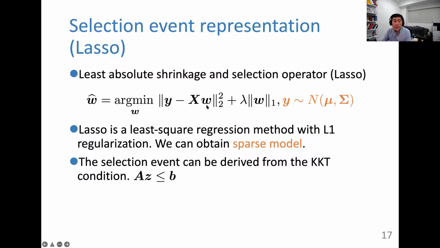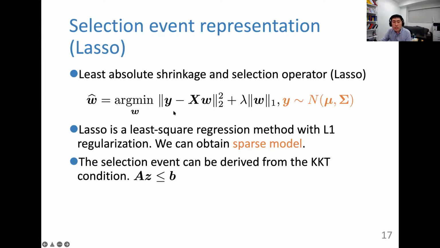So the Lasso is simply the least squares regression plus L1 regularization. This lambda is some regularization parameter. By adding this L1 regularization, we can make W sparse. Then we can regard the non-zero elements of W as the selected features.